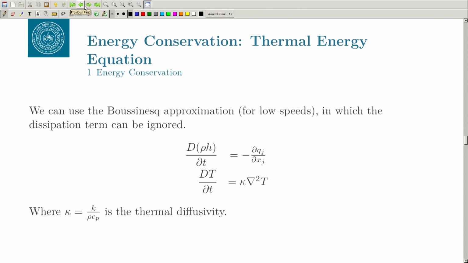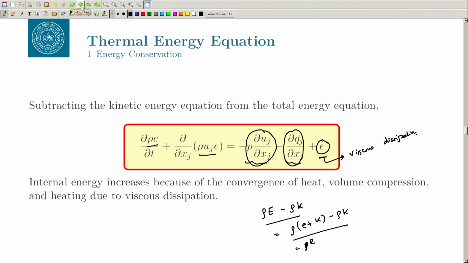And this is the last approximation. We can use the Boussinesq approximation, typically valid for low speeds. Basically if the flow speed is not very high, then the dissipation will not be very high either. So, the earlier equation can be written as rho dE by dt, in terms of the total energy, equal to minus P del dot U minus del Q j by del x j plus epsilon.